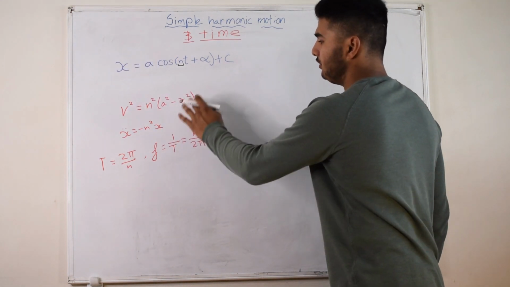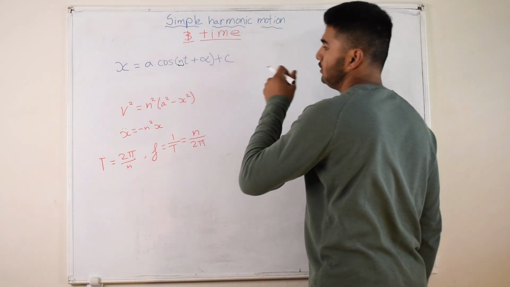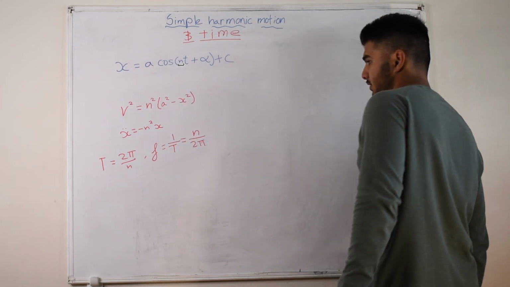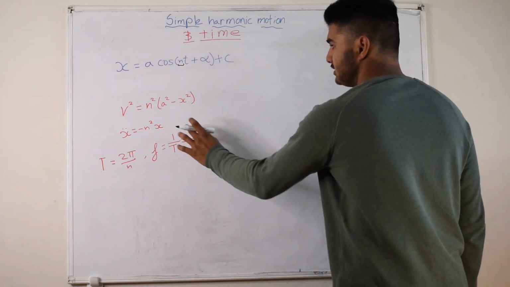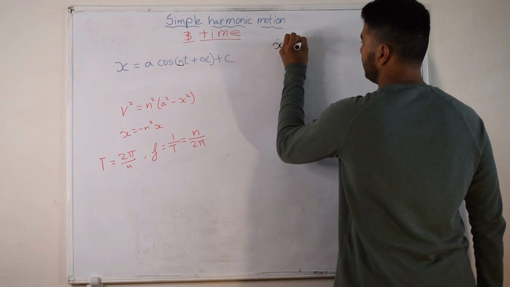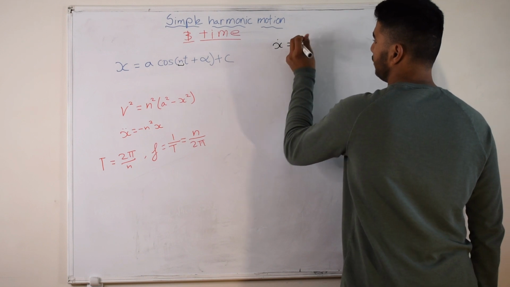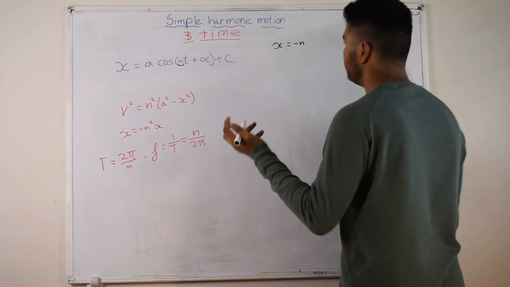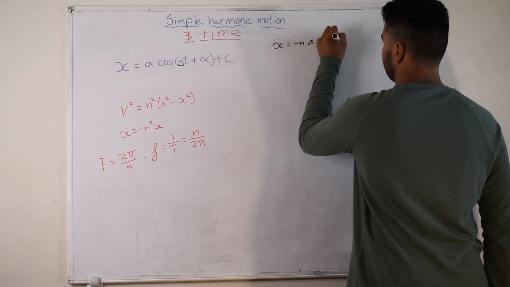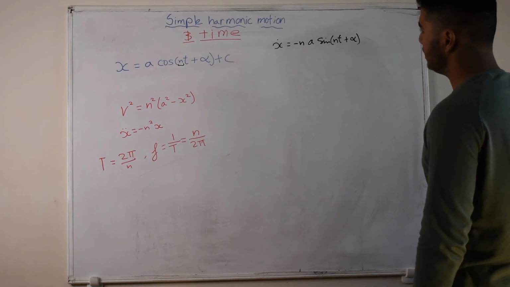Let's worry about these equations over here. So the first step I will do is take the first derivative of this in order to try and understand these equations. So x dot would then be negative n. We take the n out in front, because the first derivative of cos is negative sine: negative n a sin(n(t + alpha)). Correct?